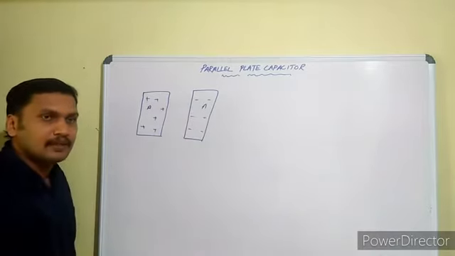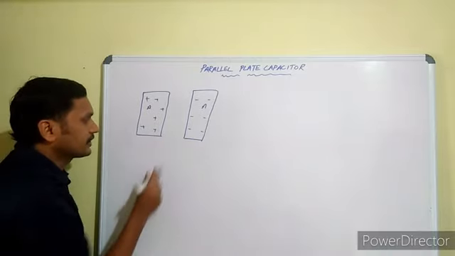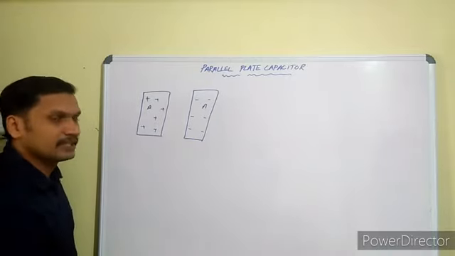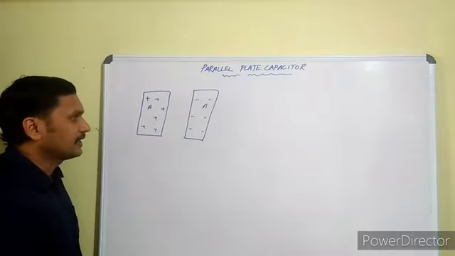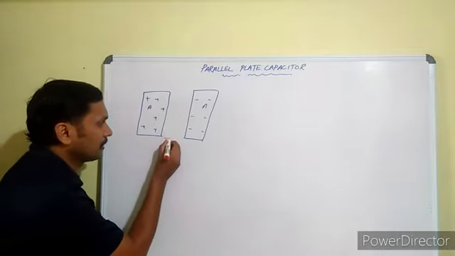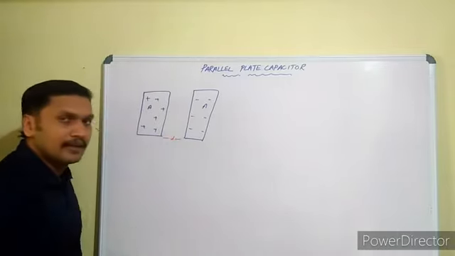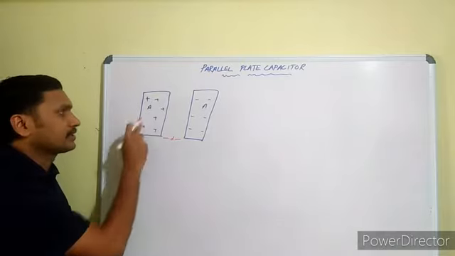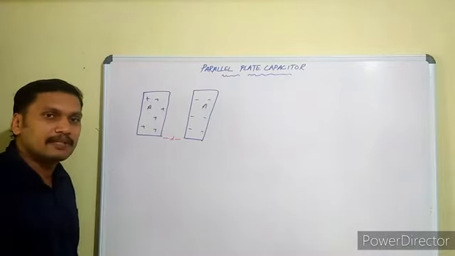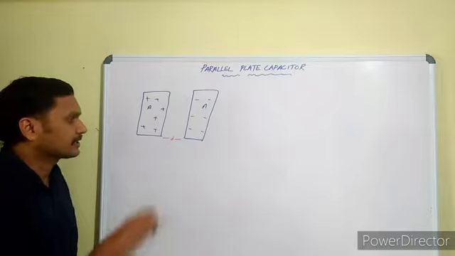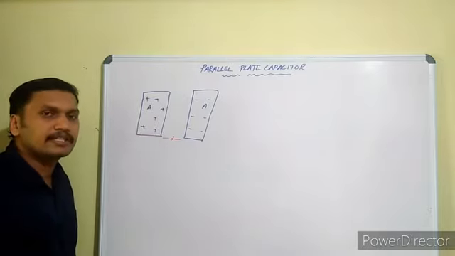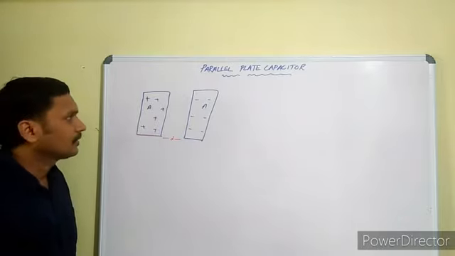The distance between these two plates is too small when compared to this area. Let us say D is the distance between these two plates.